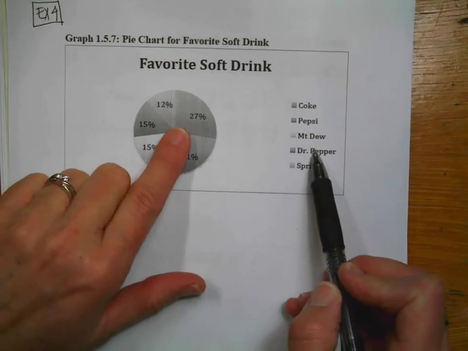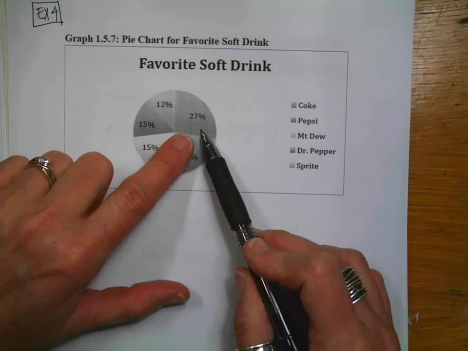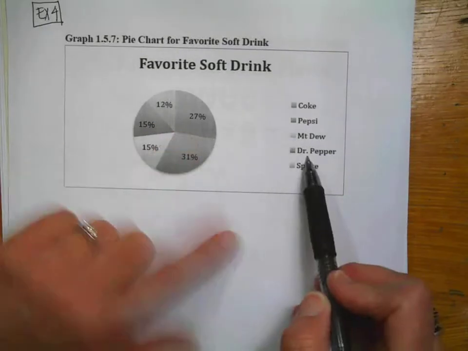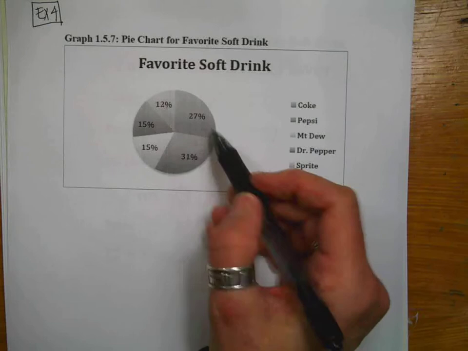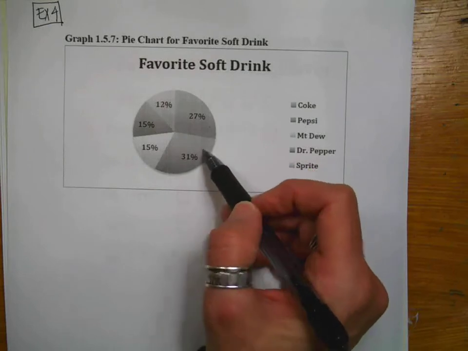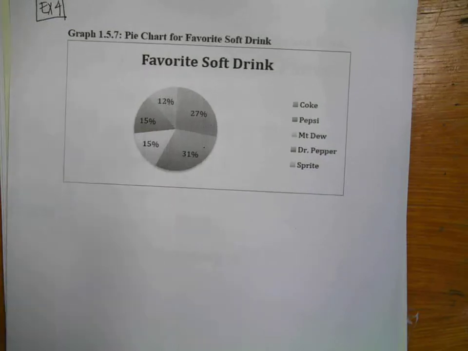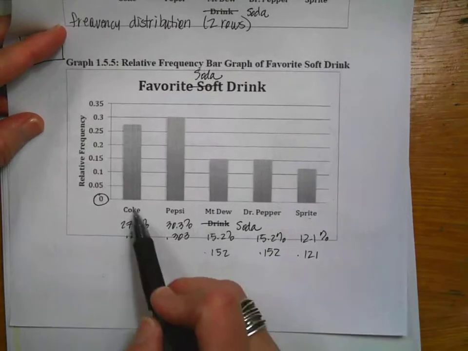One of the things that I dislike about a pie chart is that I have to look at both things. But oftentimes I can't fit all of this information on here, and so then I would have to have the key to make this be more self-explanatory. Okay? I also think they can be interesting because the difference between 27% and 31% is harder to see in a pie chart than it is in a bar chart.